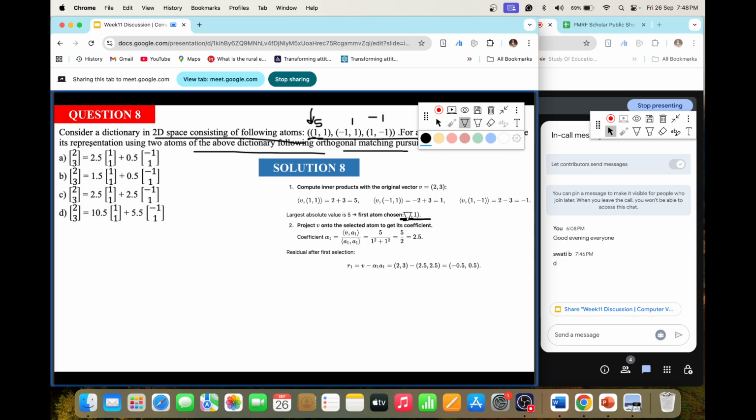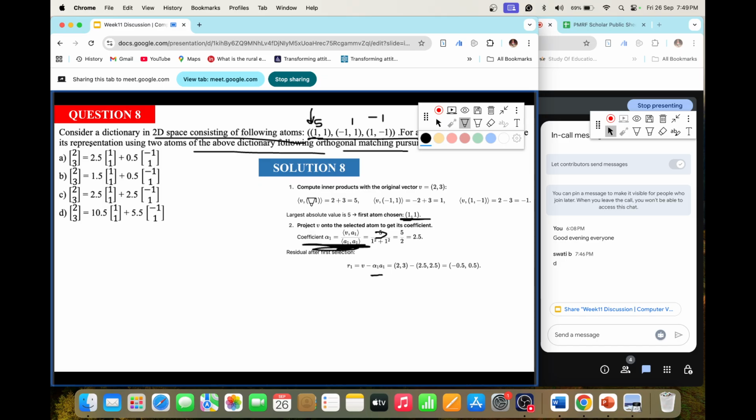Once you choose the first vector, you have to calculate the coefficient, because we need V minus alpha 1 A1. To calculate the coefficient, you take 5 divided by A1 dot A1. V dot A1, that 5 we already have, and then A1 dot A1.